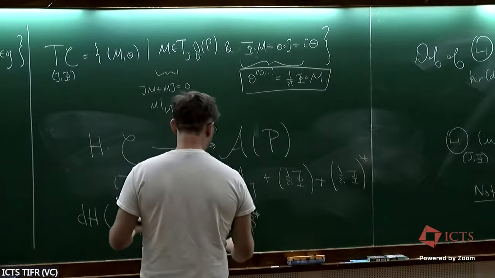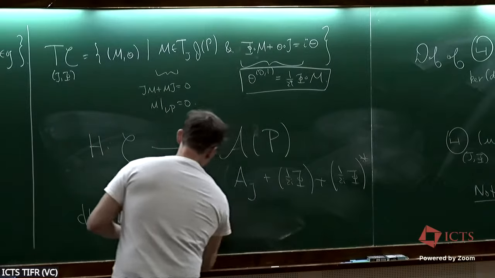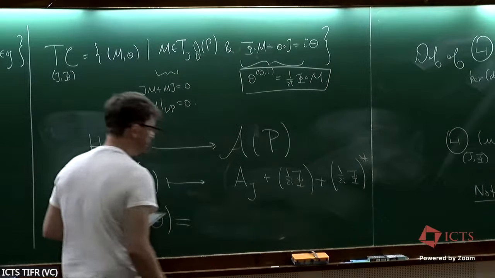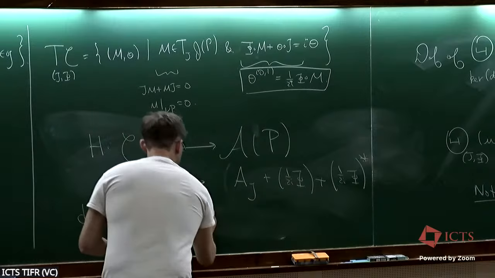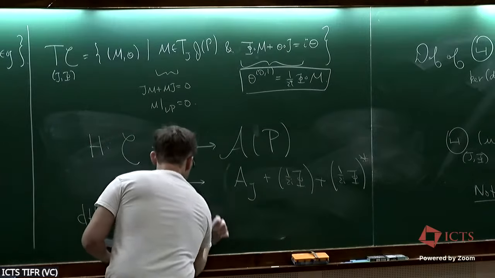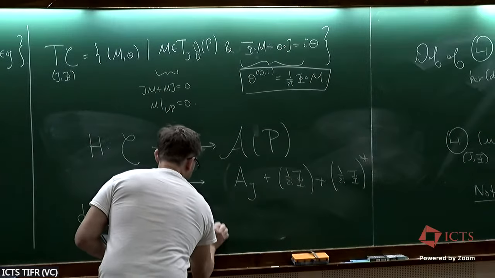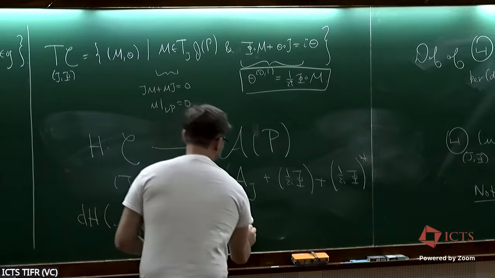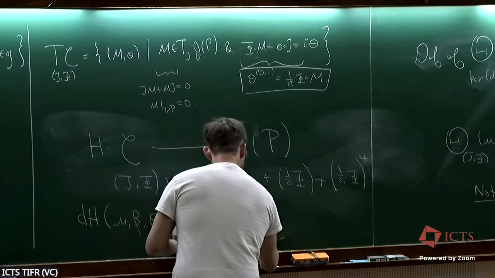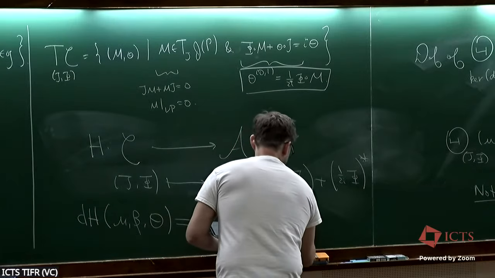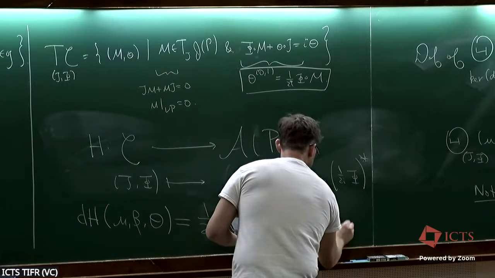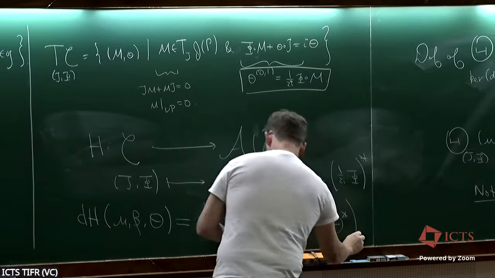Wait, did I get it? Oh, sorry. There's a very confusing thing when you have factors of 1 over 2i and you take adjoints because you have to keep track of all these signs. Okay, so let me just tell you what it is. It's 1 over 2i. I'm going to pull it all the way out front. Now beta plus beta star, and then plus beta minus beta star.